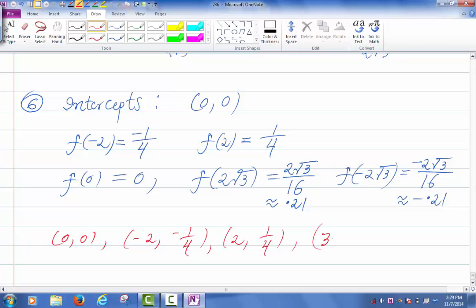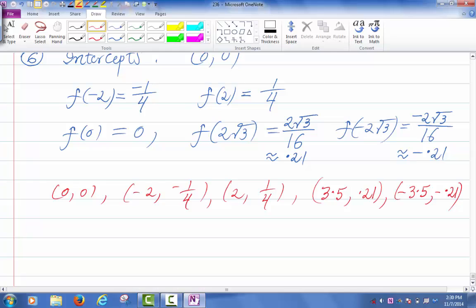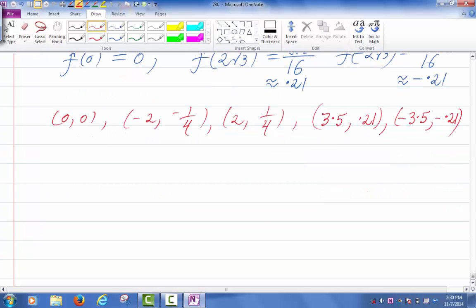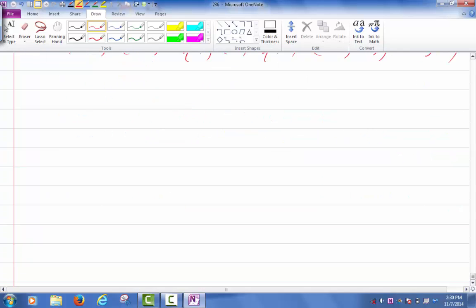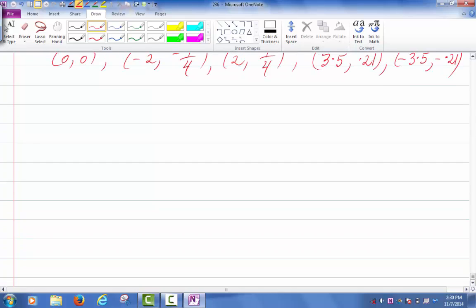About 3.5, let's say 3.5 and 0.21. And we also have negative 3.5 and negative 0.21. So we have to plot all these 5 points before we sketch the graph of the function. Is everybody okay with that?